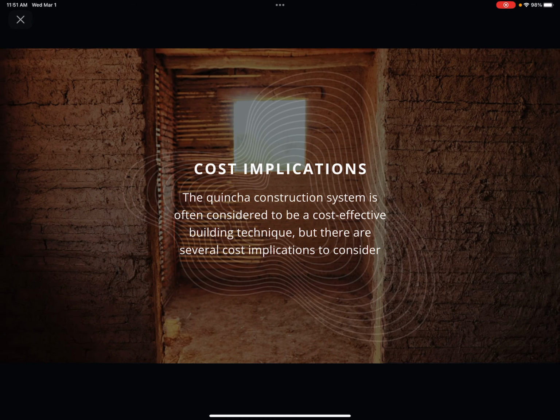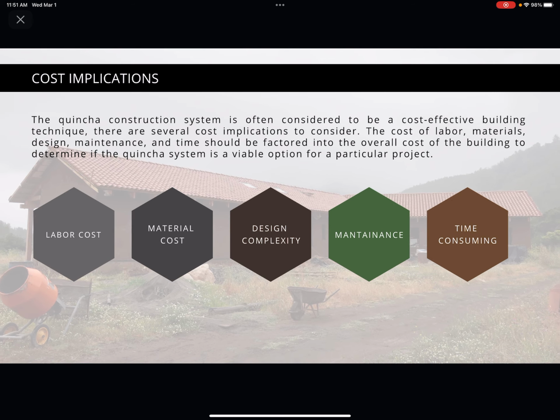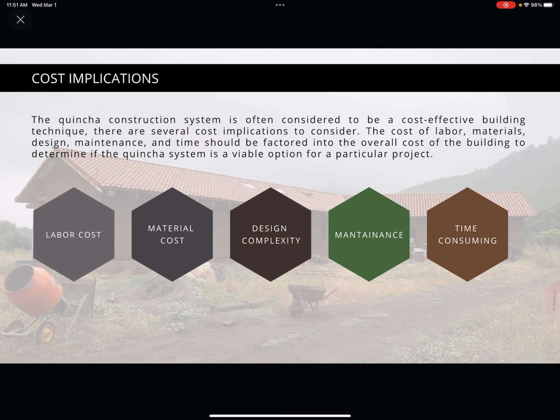So here we're going to talk about the cost implications. This is a really cost-effective building, but we have to take into consideration the labor cost, because this technique is not well known everywhere, so we need precise and well-skilled laborers. That might be a problem. Then the material cost: if you are in a location where you can get the materials, then great, but if not, you need to consider the transportation and other procurement procedures.